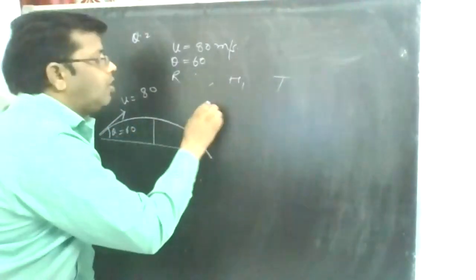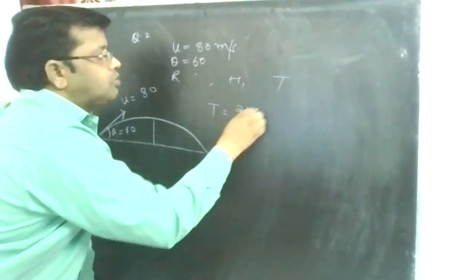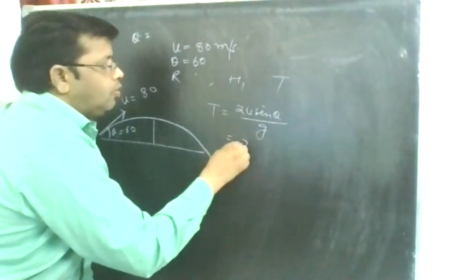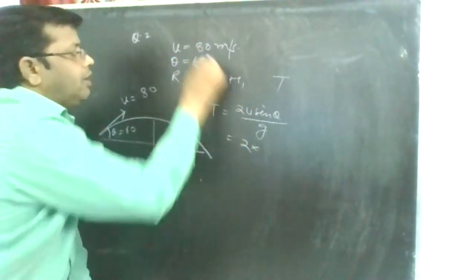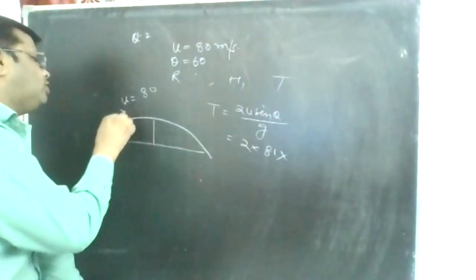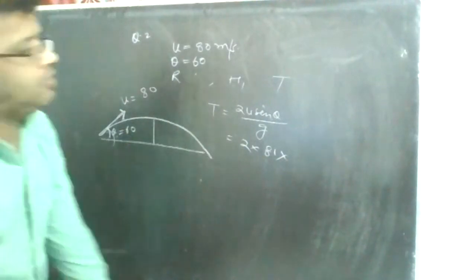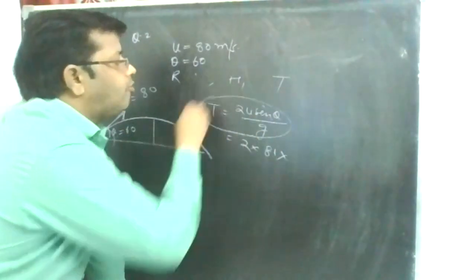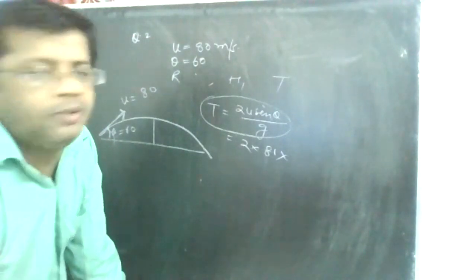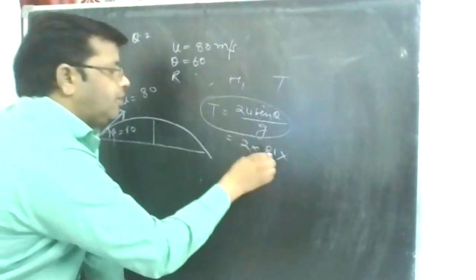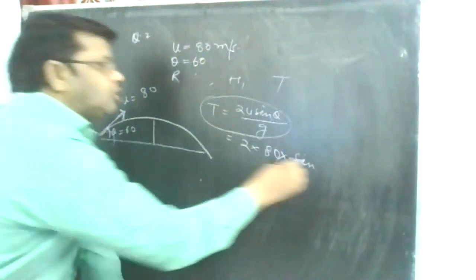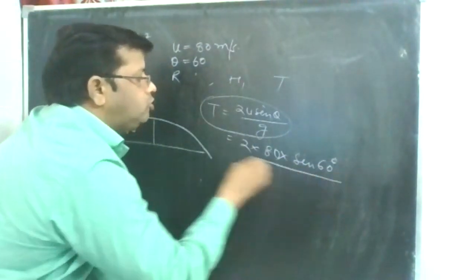So what is the formula of time? 2u sin theta upon g. The initial velocity is 80 and theta is 60 degree, since you have projected this body at an angle of 60 degree. This is the formula for the time of flight of any projectile. 2 into 80, sin 60, upon g.